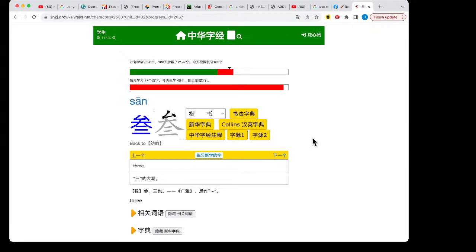Next is 三. So again, this one is 三, it is the number 3. The simplified version is just 3 horizontal strokes, but this one is used for writing checks.